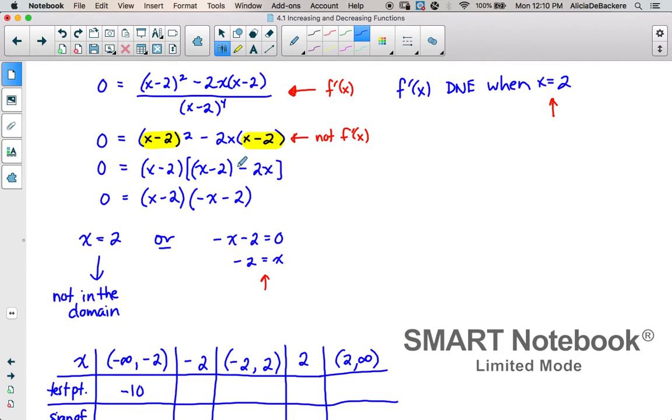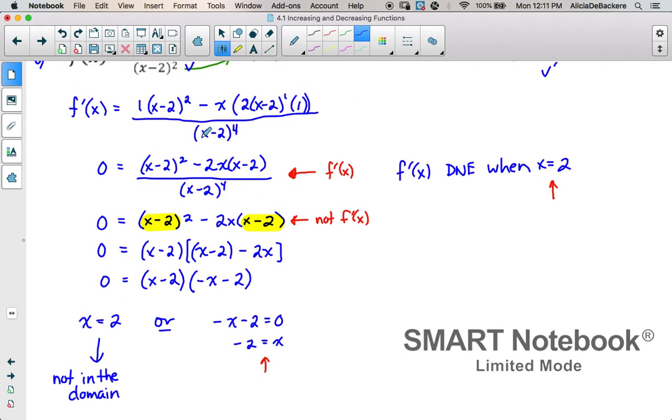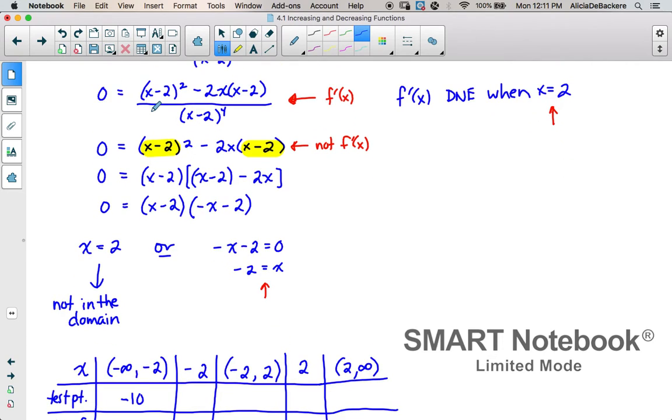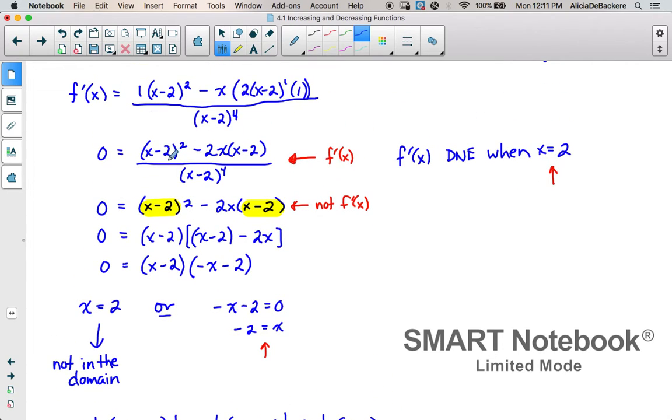So again, I have to think about when did I start moving things across the equal sign? And it was at this point here, so I have to use the line above it. So I'm thinking about this one here, and I'm going to plug in, or you could even be thinking about this one here if you want. And I'm going to plug negative 10 into this and figure out what I get. So when I plug negative 10 into the numerator, I'm going to get negative 12 in this bracket being squared.